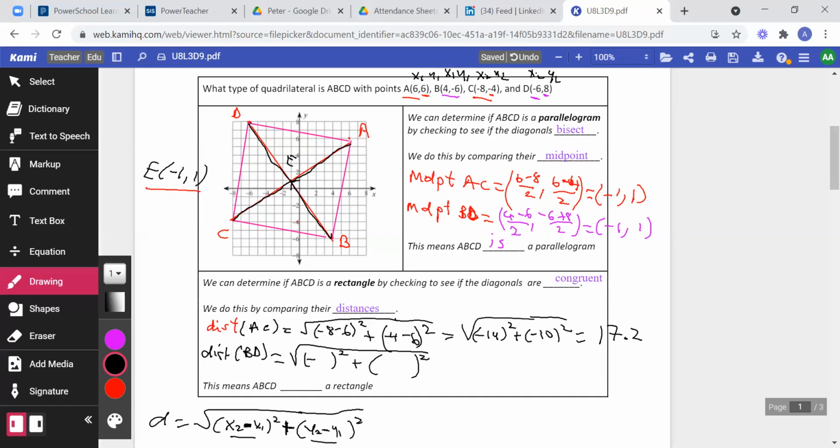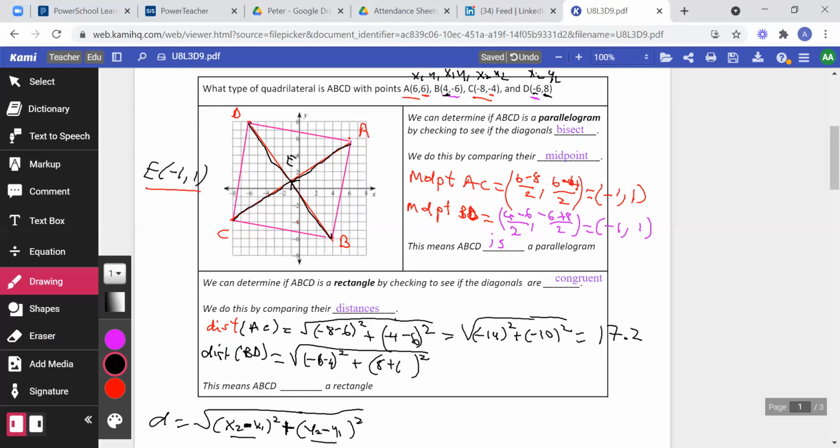Minus 6 minus, for the other one, minus 6 minus 4. Here, this is minus 6. Here, this is 4. So minus 4, this minus inside here. For the y values, the y of there is 8. And the y of here is minus 6. And minus times minus is what?